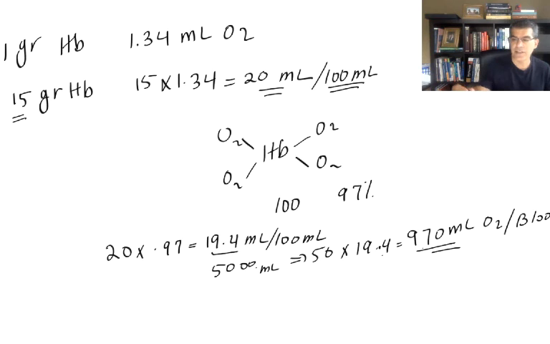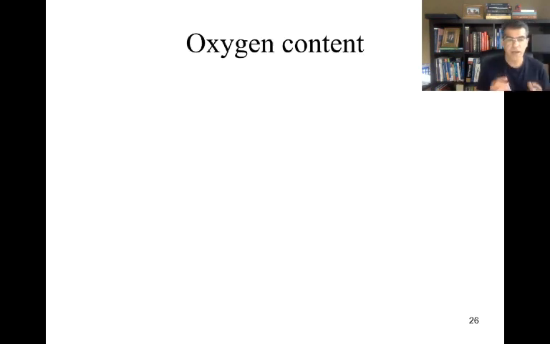The last thing I want to tell you is the idea of oxygen content. What is oxygen content? Oxygen content is the total amount of oxygen you can carry in 100 ml of your blood. Not in the total blood, but 100 ml of your blood.